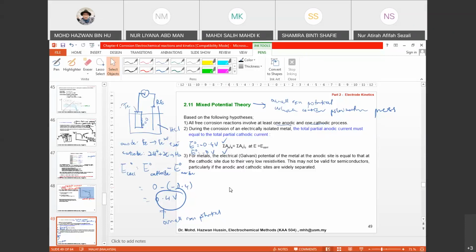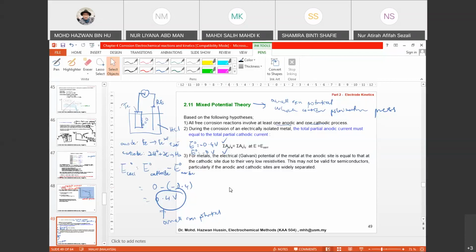Based on the following hypothesis, all free corrosion reactions involve at least one anodic and one cathodic reaction. It means that during the process, you have one anode and also one cathode. During the corrosion of an electrically isolated metal, the total partial anodic current must be equal to the total partial cathodic current.